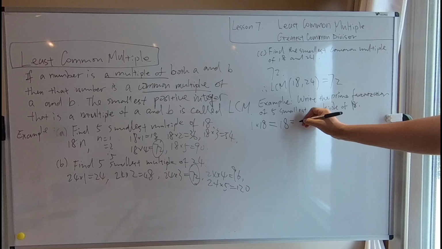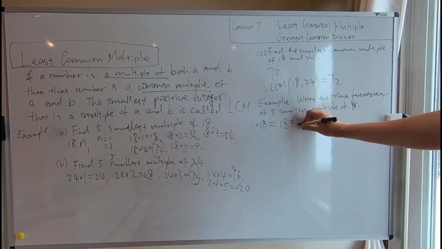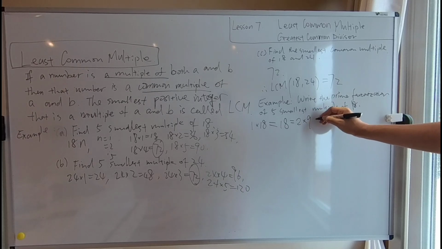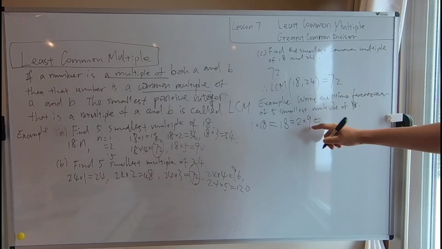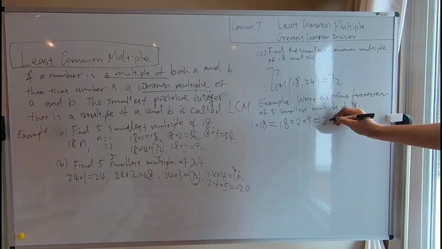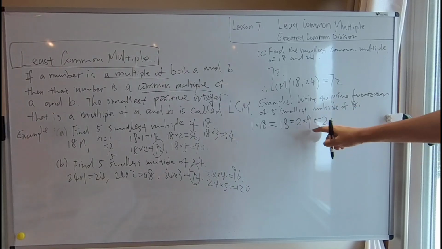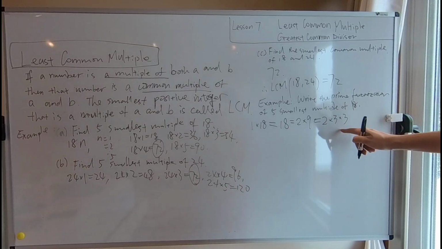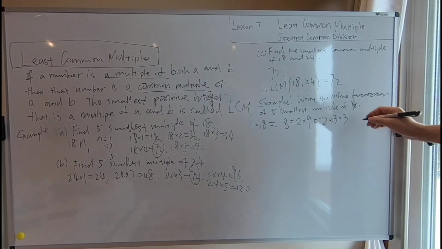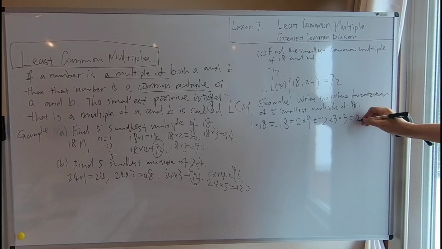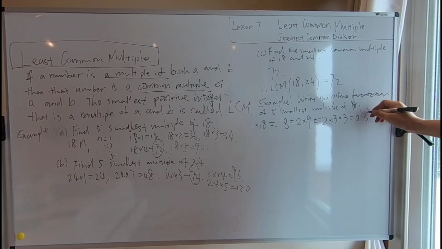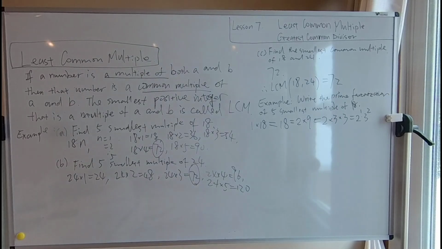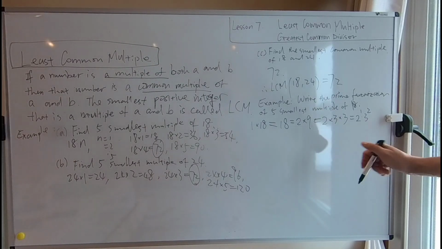Here I'm just writing it in one row. It has a factor of 2, equivalent to 2 times 9. 2 is already a prime number, but 9 has a factor of 3, 3 times another 3. 3 is also prime, so we can reorganize this a little bit. The prime factorization of 18 is 2 times 3 squared.